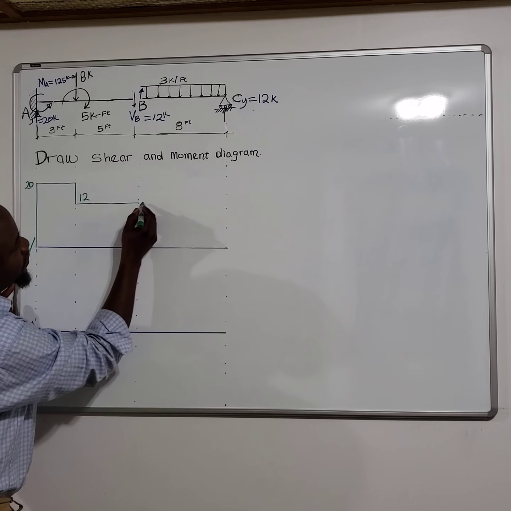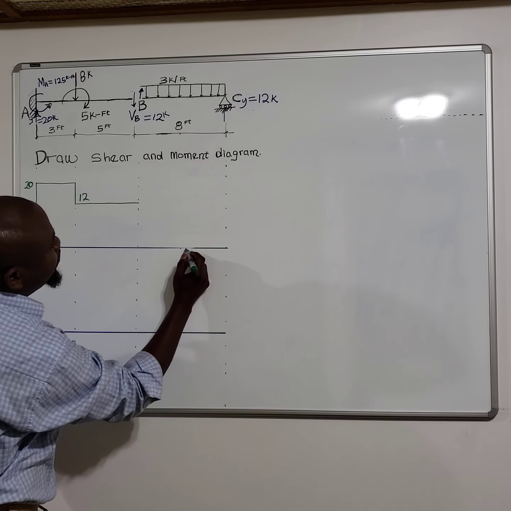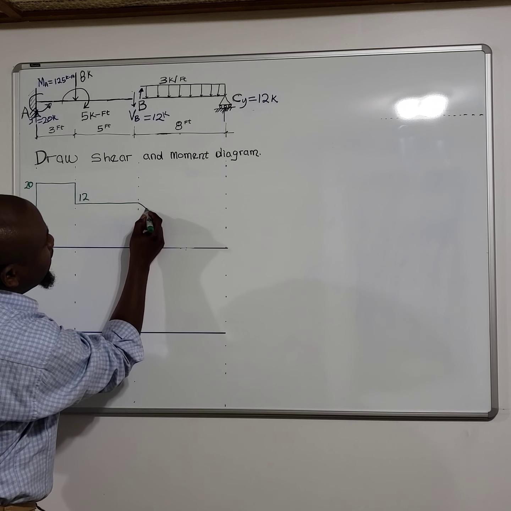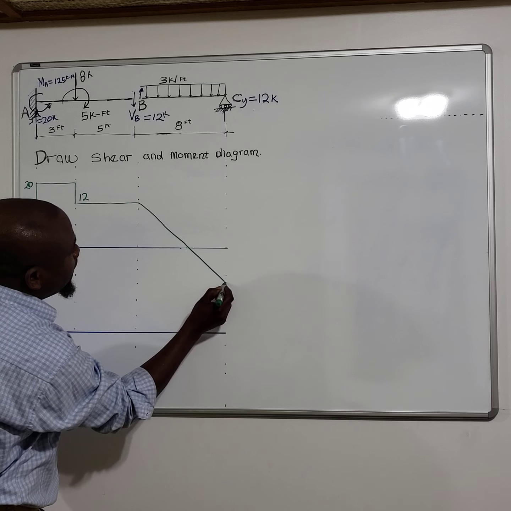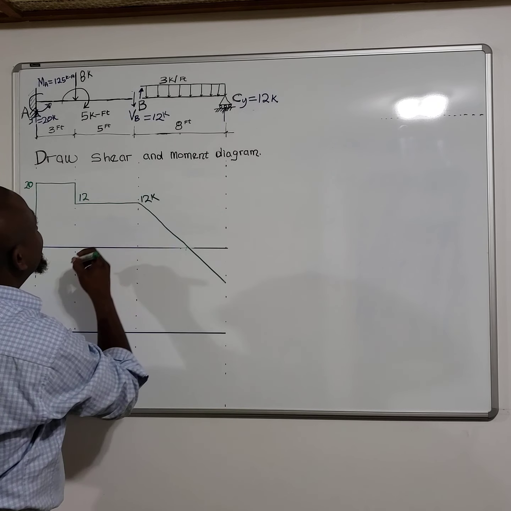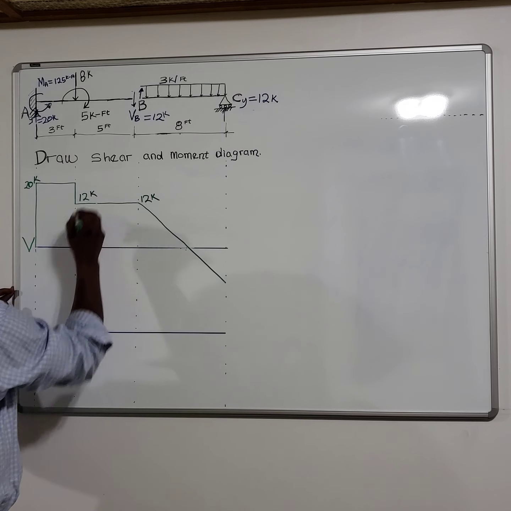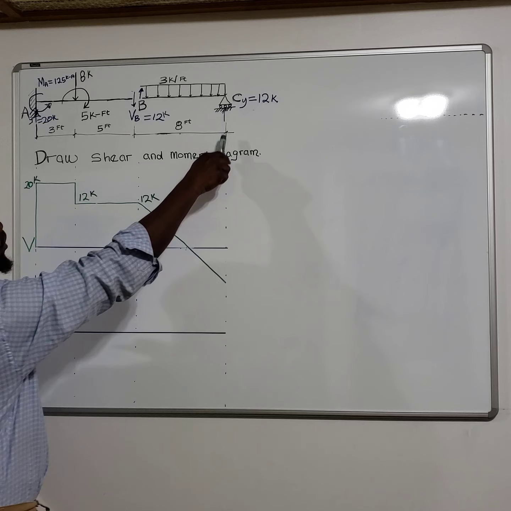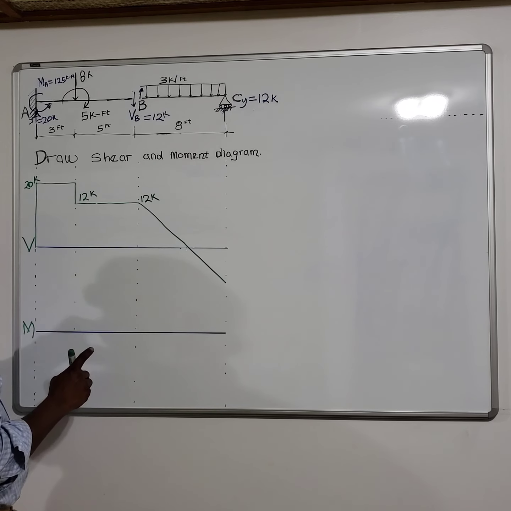So let's start. Zoom in to my 4 foot point. Don't forget that this is 12 kips, and this is 20 kips here. Same thing here. We already know that CY is 12, and acting upward is positive.